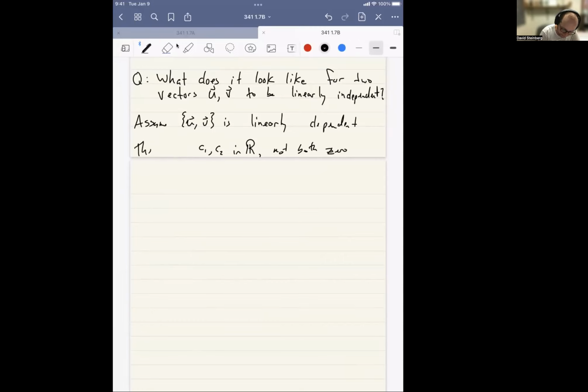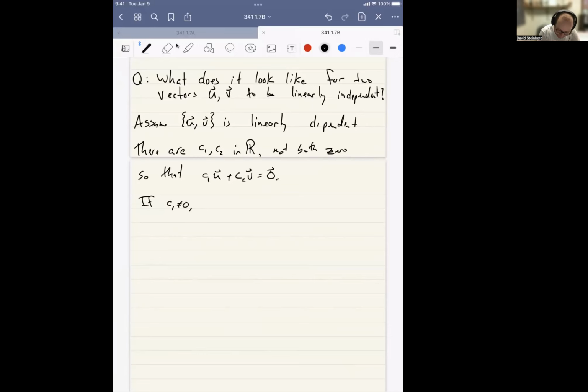real numbers, not both 0, so that c1u plus c2v is equal to the 0 vector. Okay, so since they're not both 0, we can look at two cases where c1 is non-zero or c2 is non-zero. So if c1 is non-zero, then what we can do is divide by it.